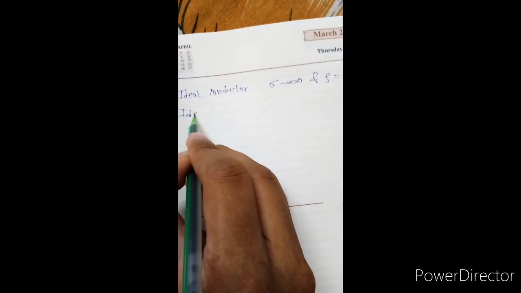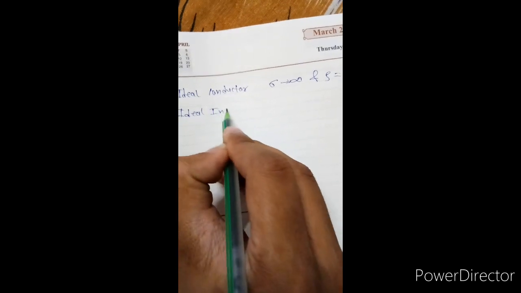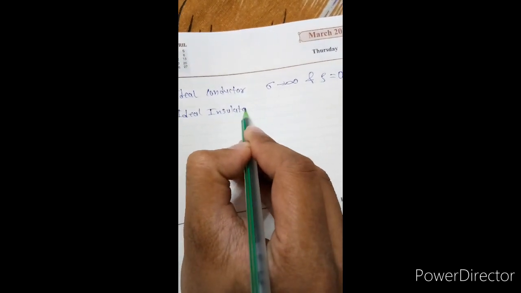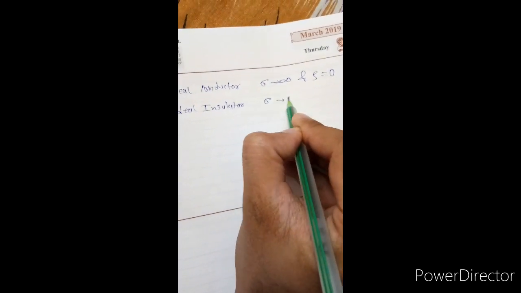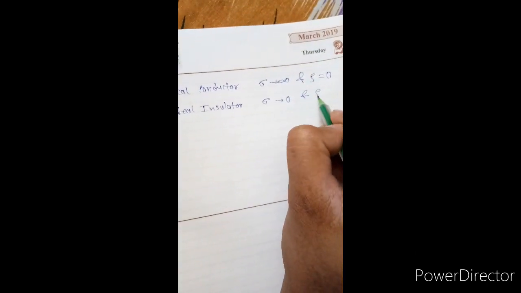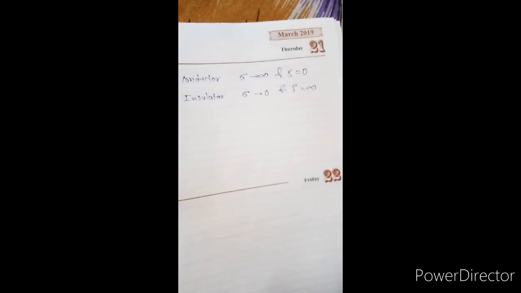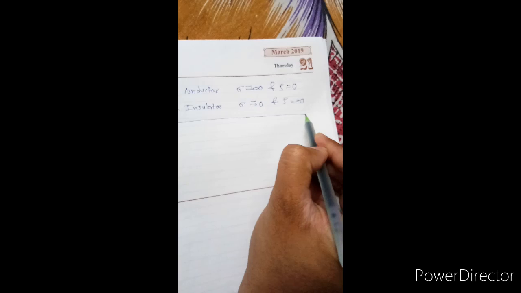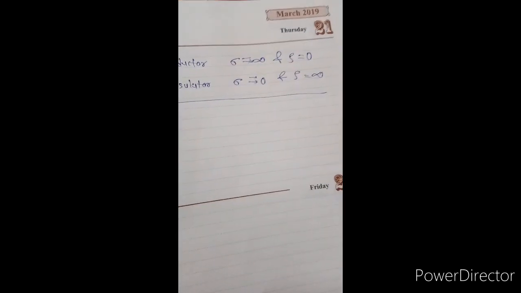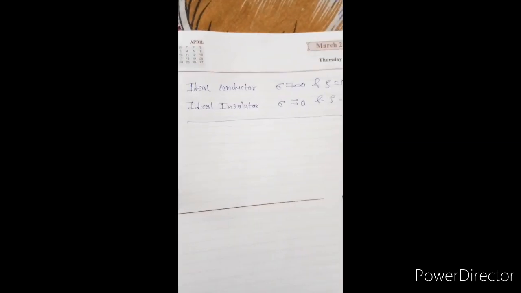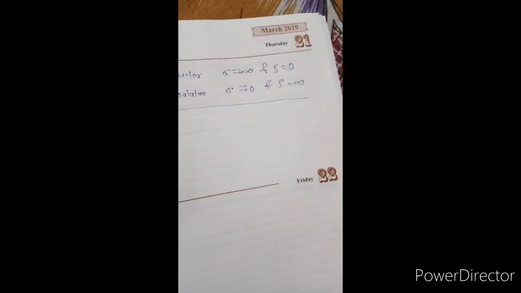And for an ideal insulator, sigma is 0 and rho is near to infinite. These two you have to remember: for an ideal conductor sigma is infinite, rho is equal to 0, but for an ideal insulator sigma is equal to 0 and rho is equal to infinite.